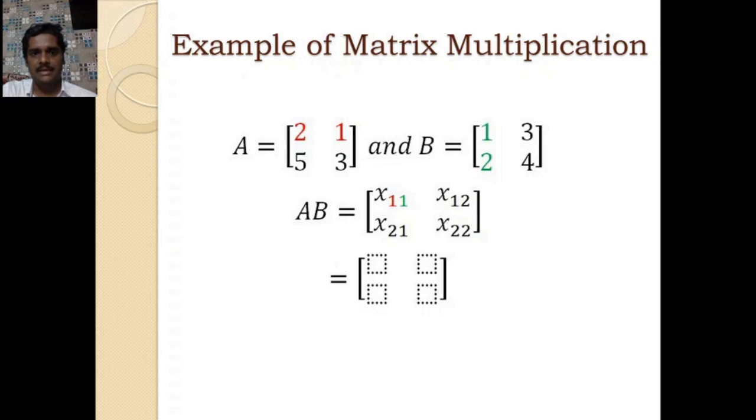You can see I have highlighted that by red color, and column index is 1. So you have to pick first column of B. You can see I have used green color to highlight that element in B. And what you need to do, you have to multiply this first row by first column to get this x11.